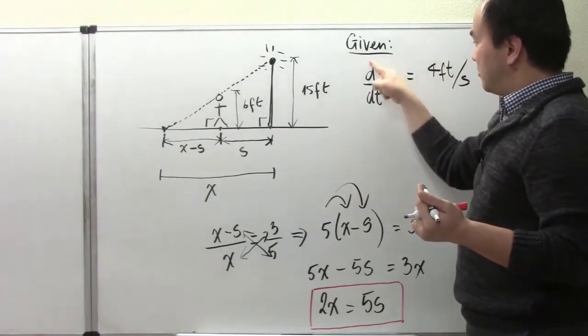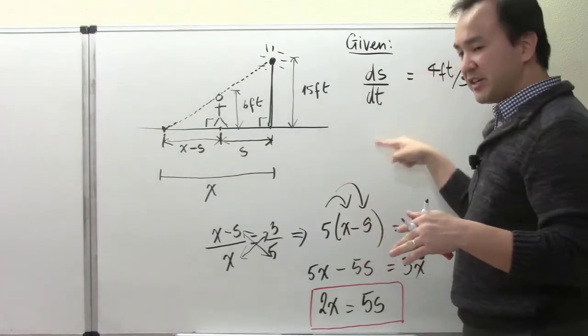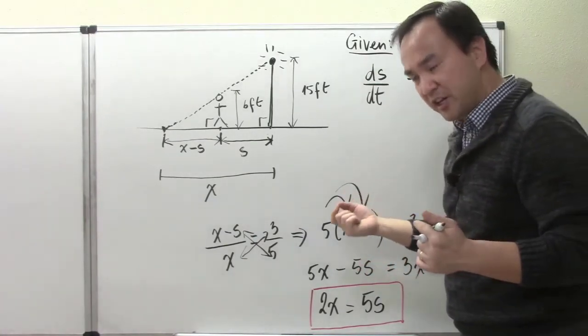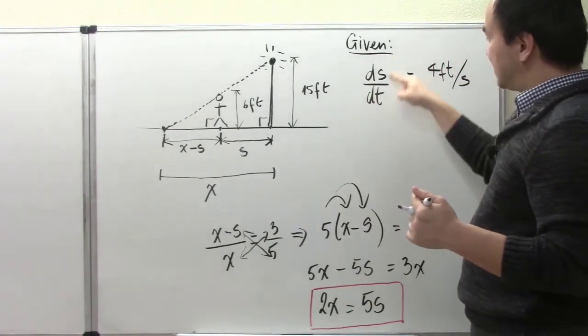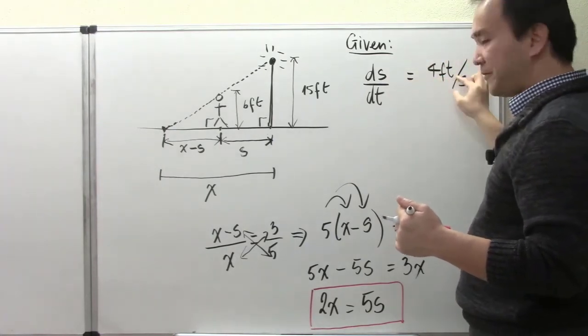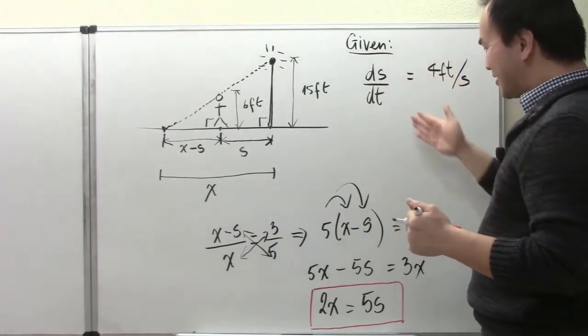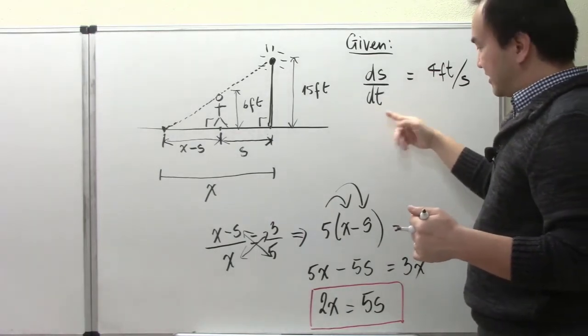Of course, in our understanding at this point, any rate of change here is an instantaneous rate of change, or in other words, a derivative value. So we already had a given derivative value, ds/dt equals 4 feet per second. That also helped us decide that our rates of change are in terms of t.